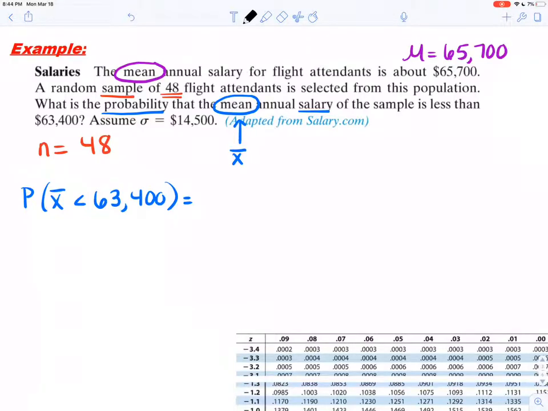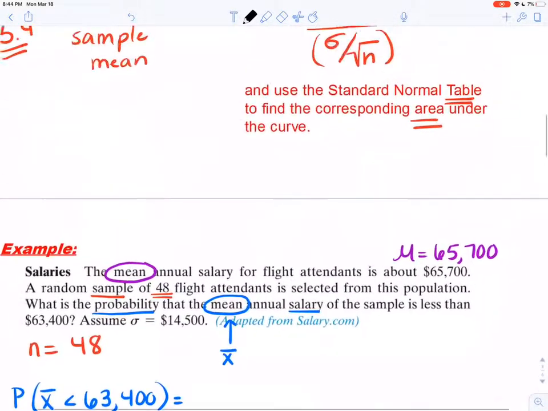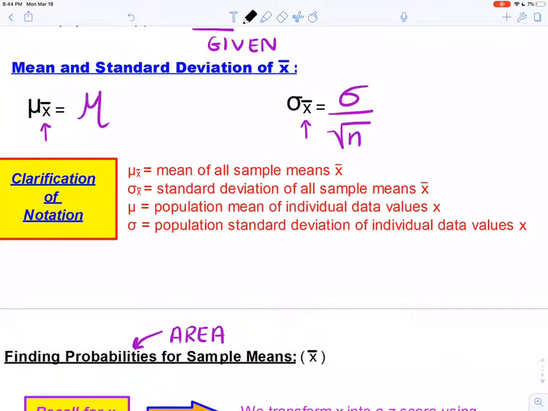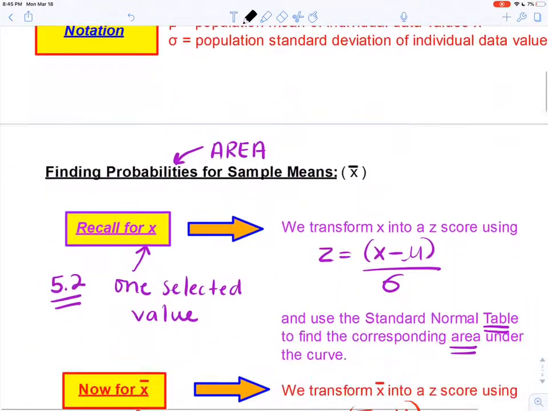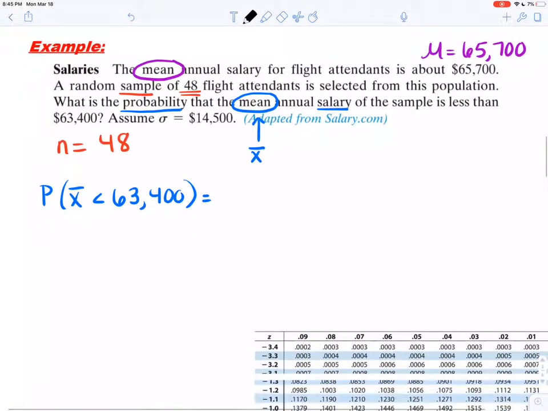Now, like I said, when you're going to work with sample means, the first thing that you're going to do is check those two properties that were given by the central limit theorem to make sure one or the other is met. So if we just refer back to our central limit theorem, right, the two properties, either the sample size is 30 or more, or you're given a normal distribution. Well, our sample size here was 48. So that first property is satisfied.